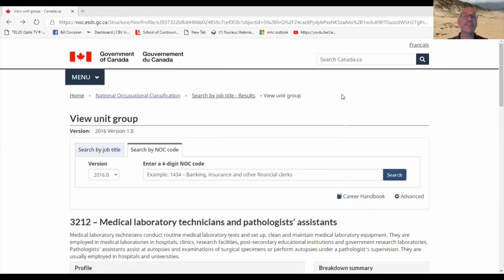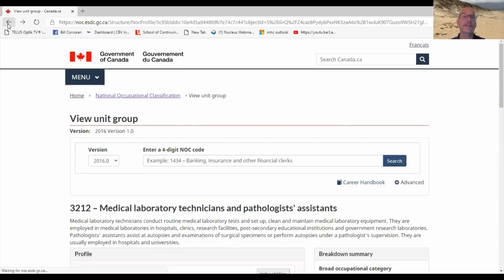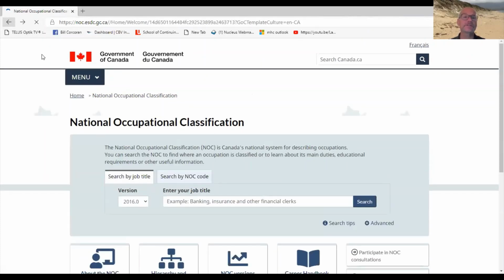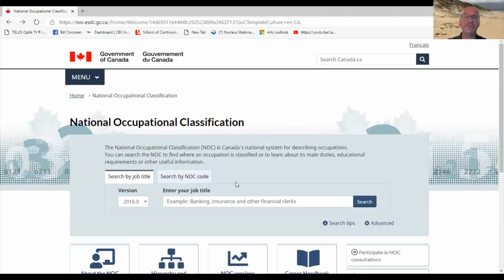To find the NOC, just put NOC, Government of Canada, something like that into Google. You'll end up at this site here, right? Your site's going to look like this.